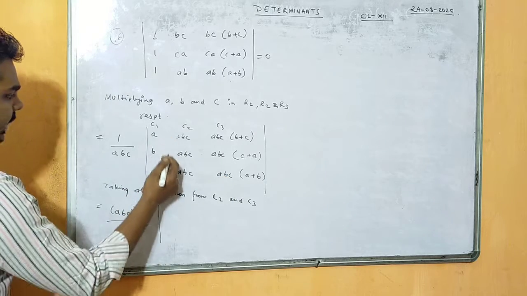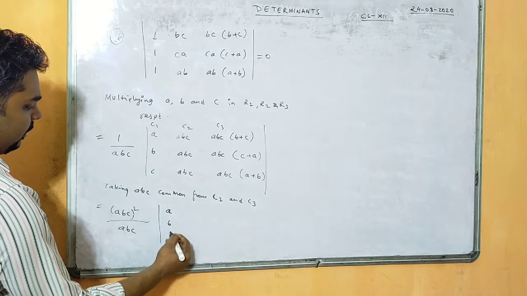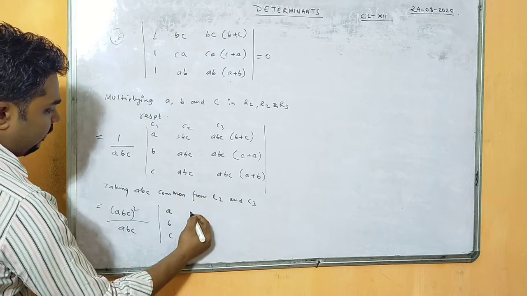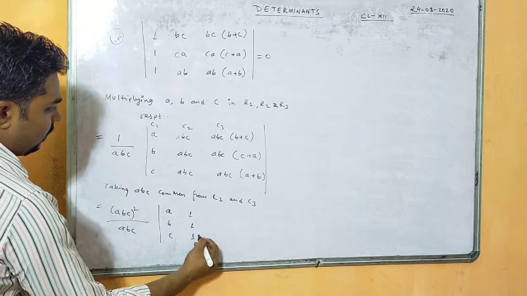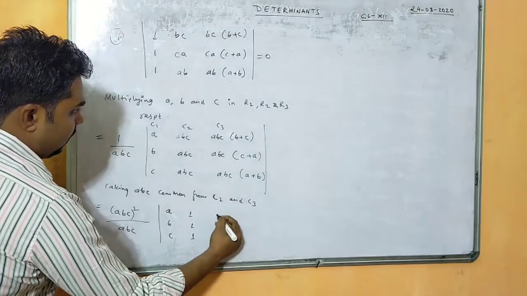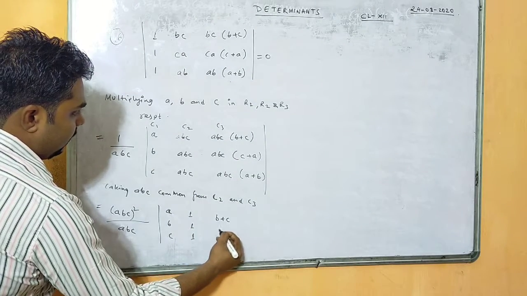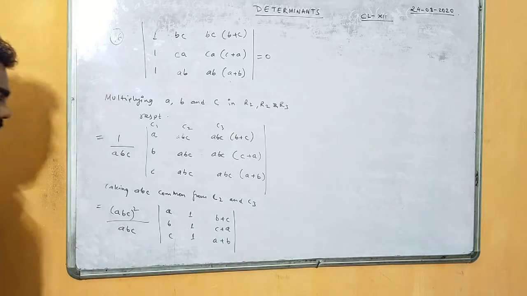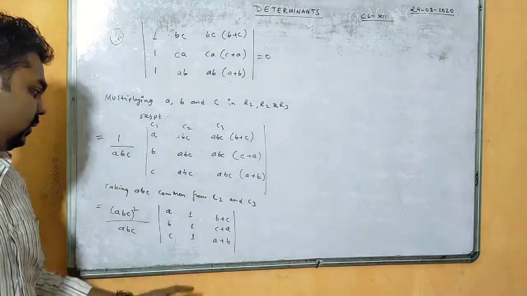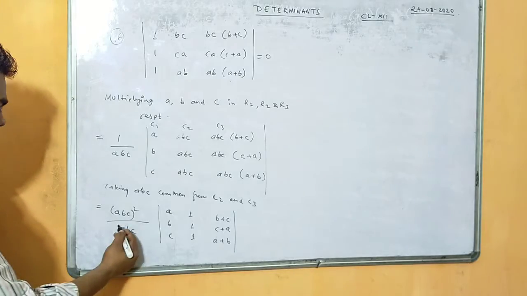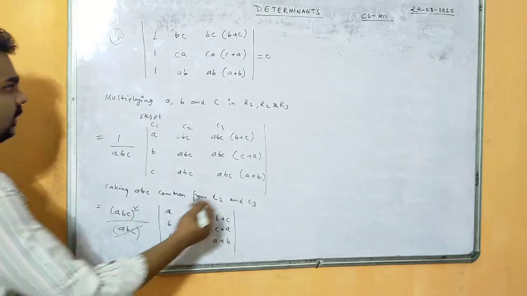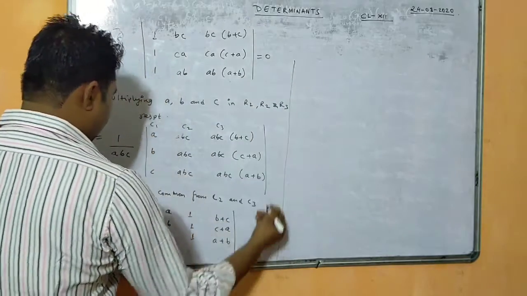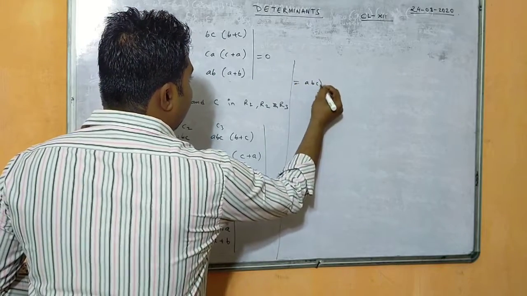So we will have here A, B, C, then 1, 1, 1, then B plus C, C plus A, and A plus B. Right? Now in the next step, one ABC and one ABC got cancelled, so the left part here is ABC.